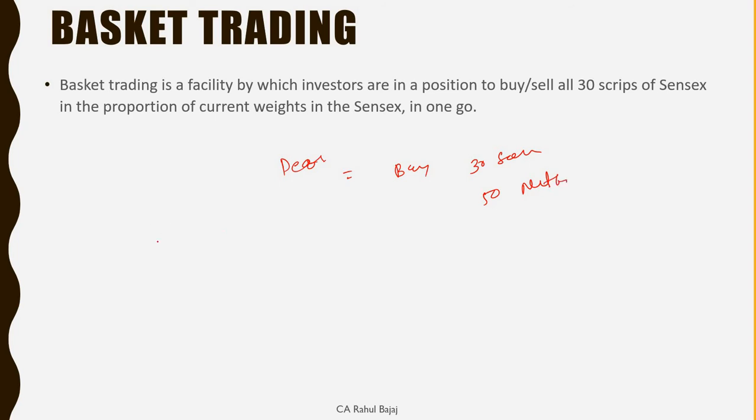Everybody knows that Sensex is sensitivity index of 30 shares, and Nifty is sensitivity index of 50 shares, Nifty 50. So if one has an opinion that market will rise or market will fall, he will make a basket position, in which he will deal with all these securities which drive the market.